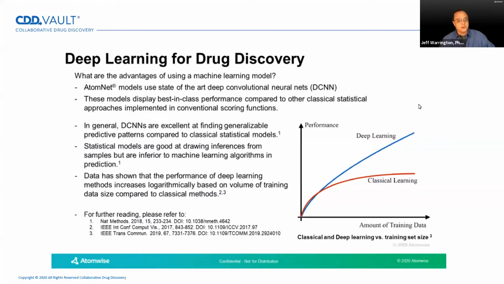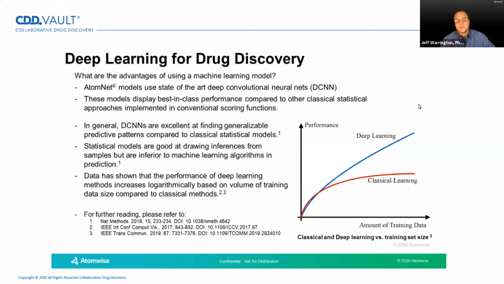So this is deep learning for drug discovery. There are several advantages to using machine learning models in the drug discovery space. For one, the models generally have best-in-class performance when compared with other classical approaches implemented. Generally, deep convolutional neural networks are great in finding generalizable, predictable patterns.